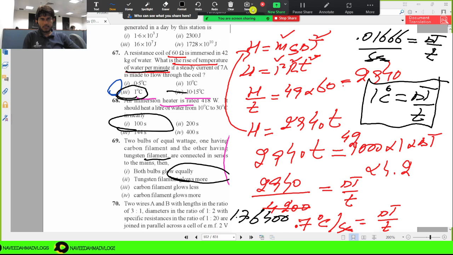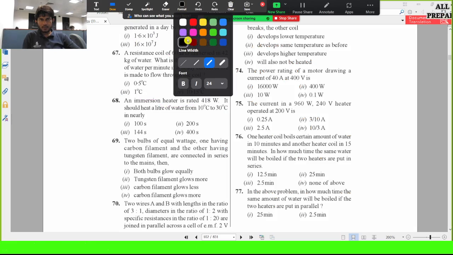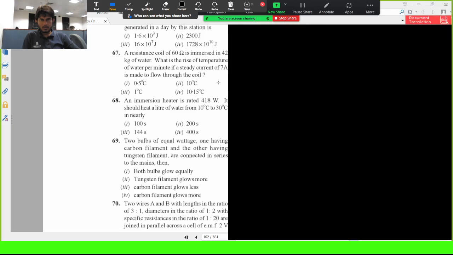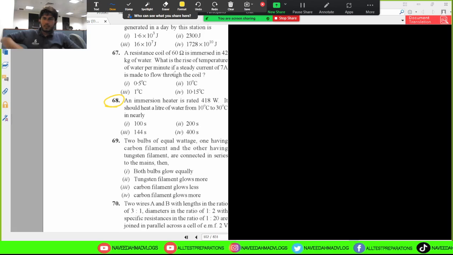Okay, next MCQ, that is 68. An immersion heater is rated for 418 watt.